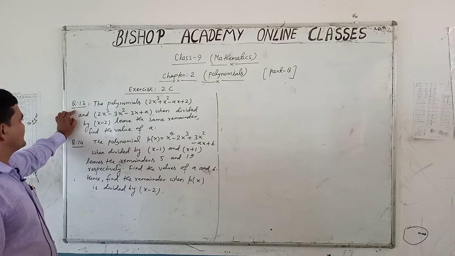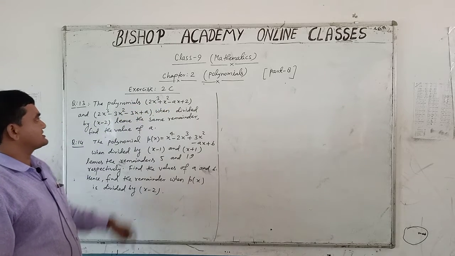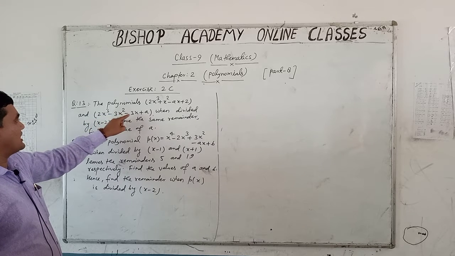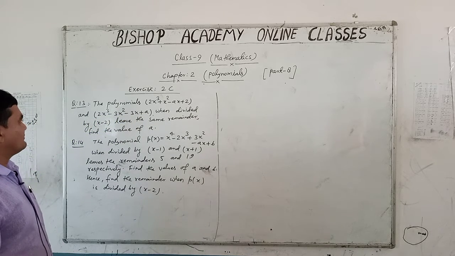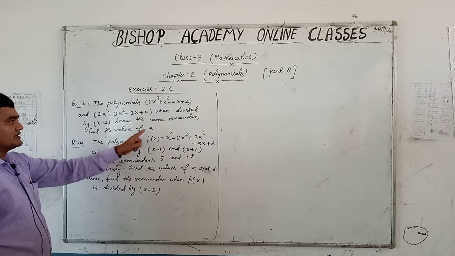And question number 30 is: the polynomials 2x cube plus x square minus ax plus 2 and 2x cube minus 3x square minus 3x plus a, when divided by x minus 2, leave the same remainder. Find the value of a.